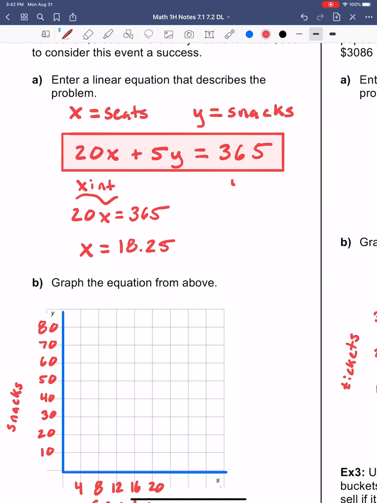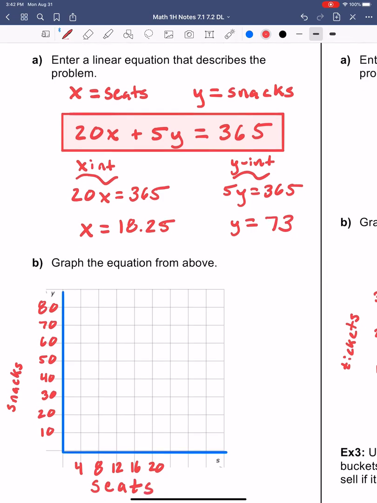Then to find the y-intercept, I would plug in 0 for x, which means the x term would disappear, and I'd be left with 5y equals 365. Divide both sides by 5, and I'm going to end up with 73.